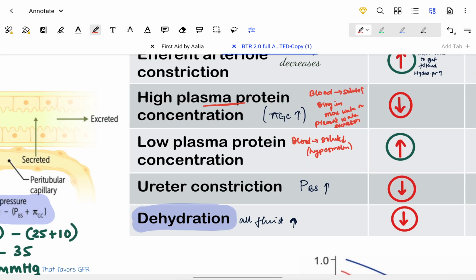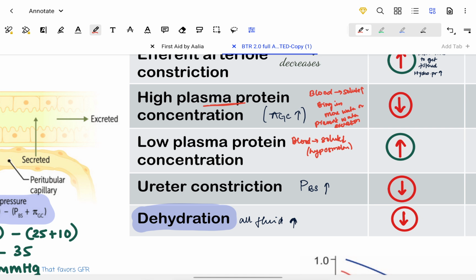Now ureter constriction. So the ureter is constricting. Just think of a tube which is constricting, the pressure will increase, right? So the pressure will increase in the ureter or in the tubules, you can say. Definitely not in the glomerulus, in the tubules, in the later part.